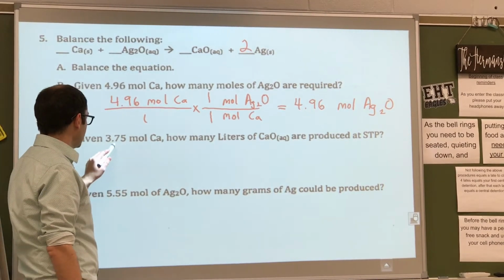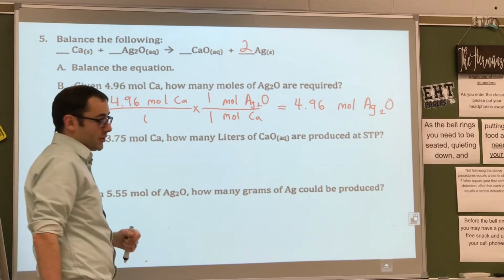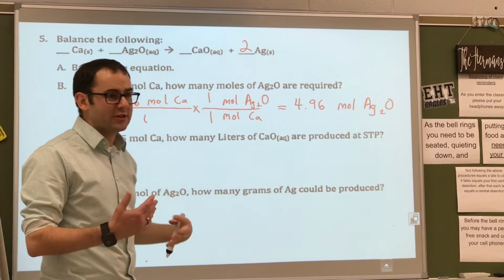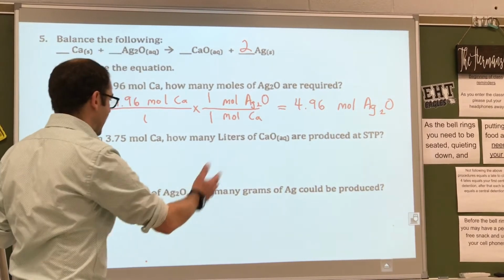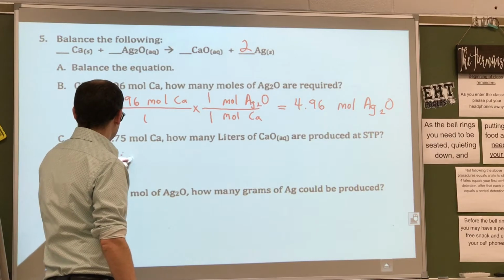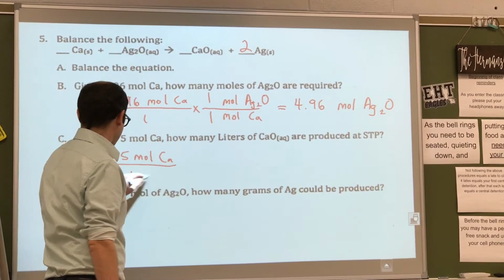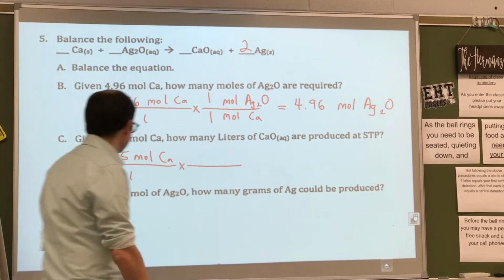It says, given 3.75 moles of calcium, how many liters of calcium oxide are produced at STP? So we're just going to do this as if it was becoming a gas, just so we could try a problem. Okay, so we set it up, right?